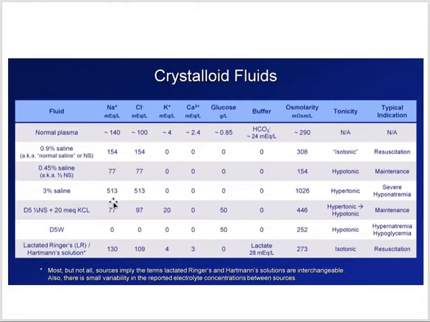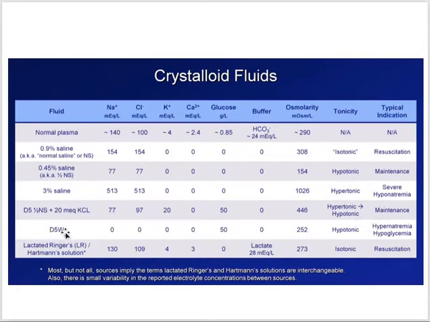Now the good thing about this one is that it is hypertonic, but once the dextrose is utilized, it will become hypotonic, right? Because half normal saline is what will be left. So simply, if we give this solution to any patient, after some time, when the glucose is utilized, this fluid will become this fluid. Okay, so it is also used for maintenance.